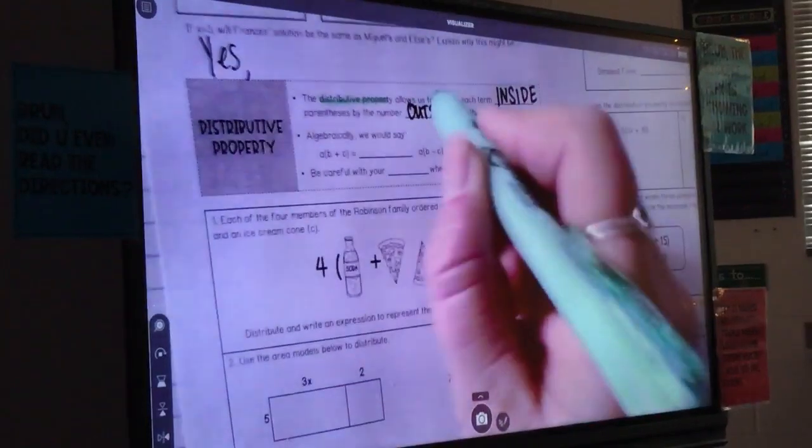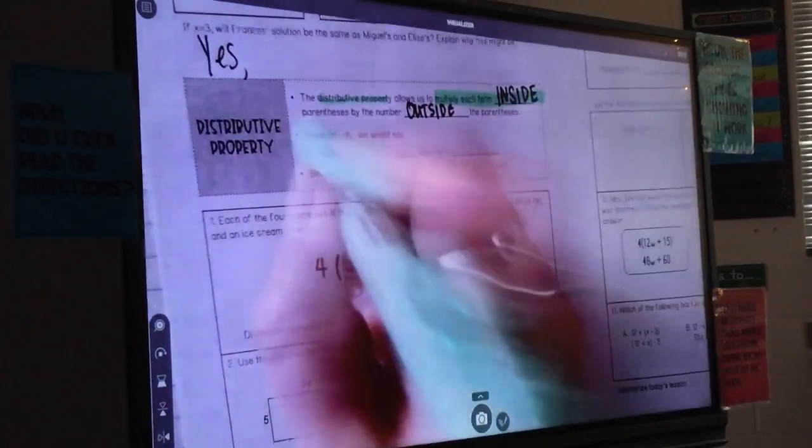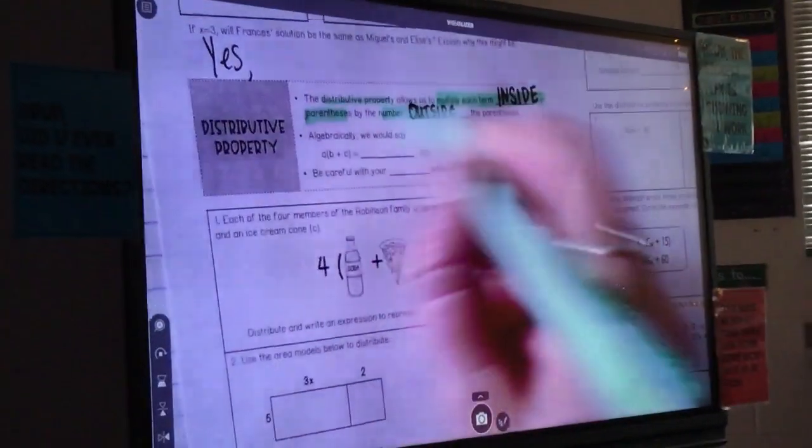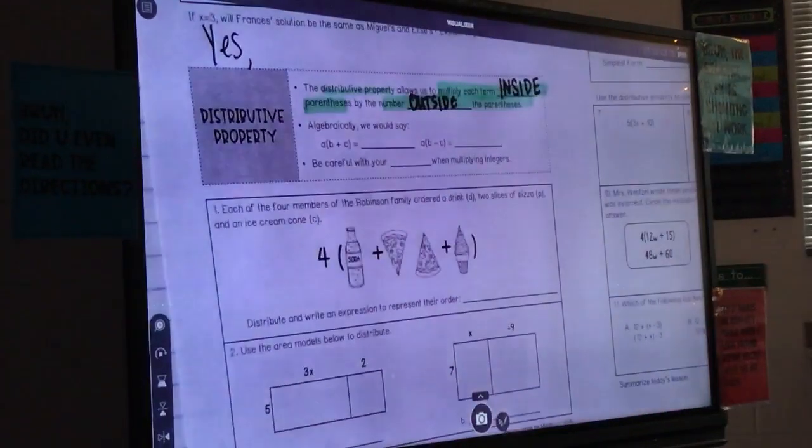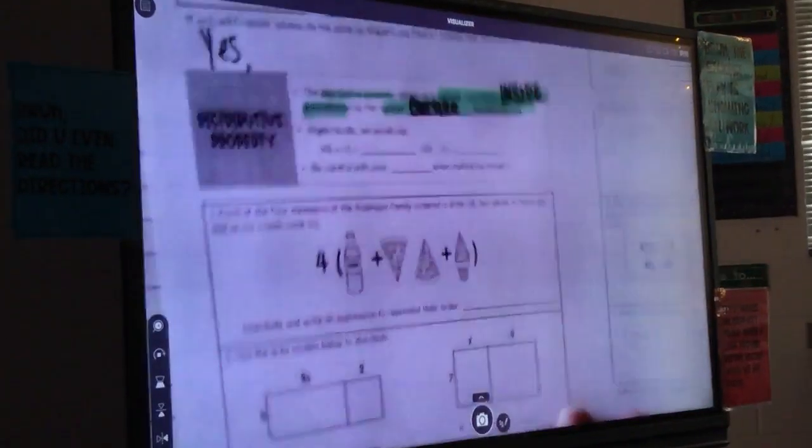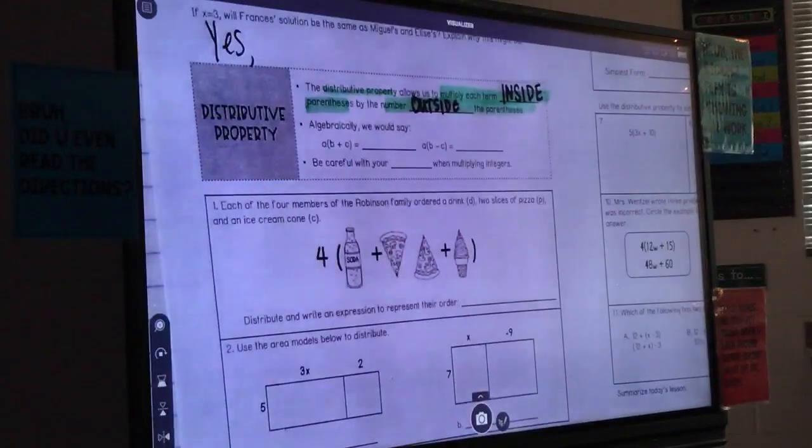So you are multiplying the numbers on the inside of parentheses by the number on the outside of the parentheses. The key thing is multiplication. You've got to know you are multiplying. Write this down, son. There's no reason you're sitting not writing.